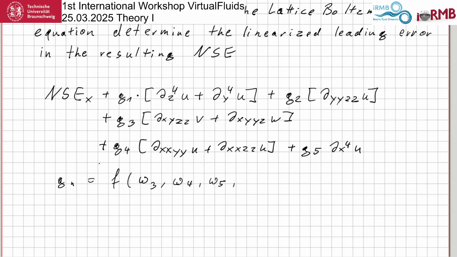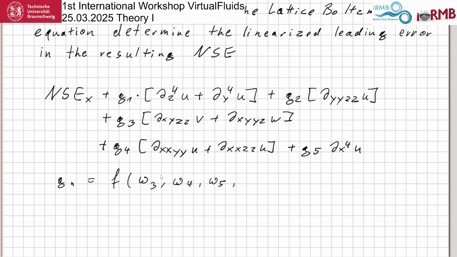And now we have a problem. Originally they are just functions of these three relaxation rates. Now, the problem is there are 5 of them. They are all different, and they depend only on 3 of the remaining relaxation rates. So we actually have 10 relaxation rates open, of which one we need for viscosity, the other one we need for bulk viscosity.